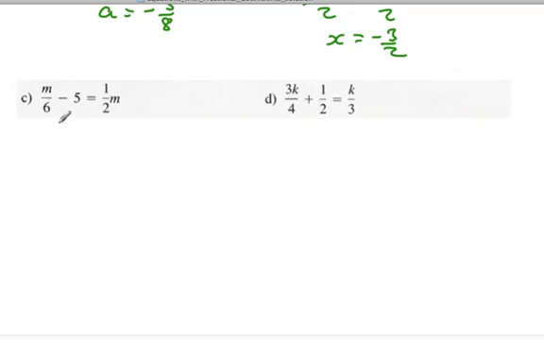Lowest common denominator for 6 and 2 is 12. So this will be 12 times m over 6 minus 12 times 5 is equal to 1/2. Sorry, got to multiply by 12. So 12 times 1/2 m.